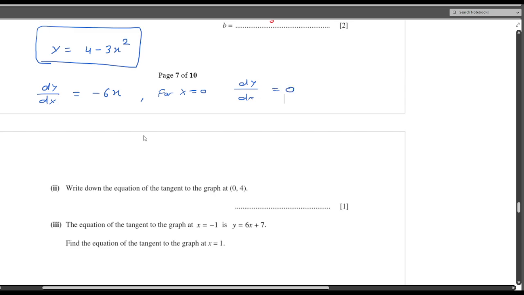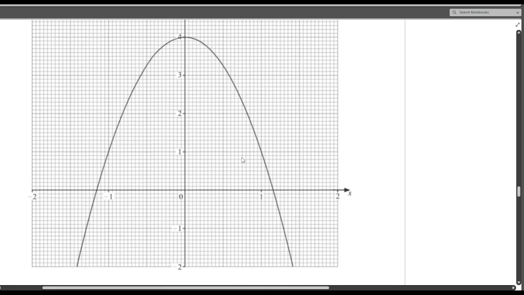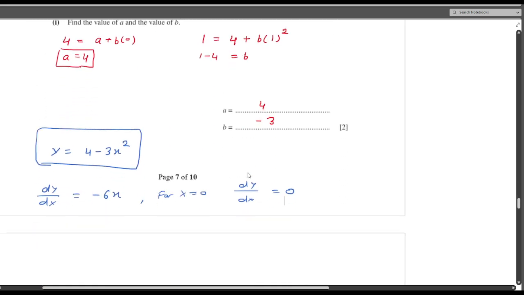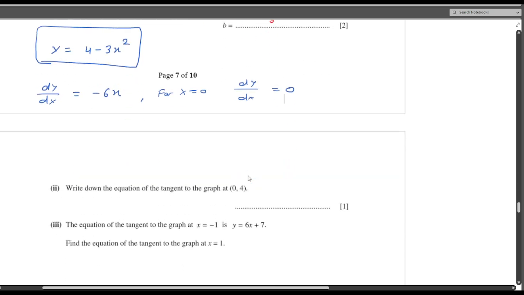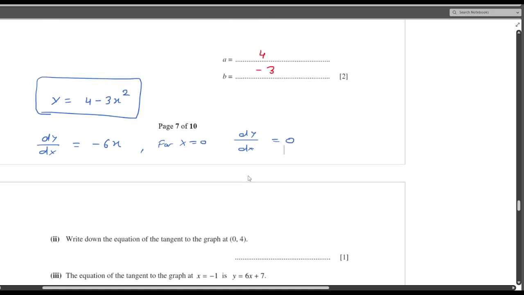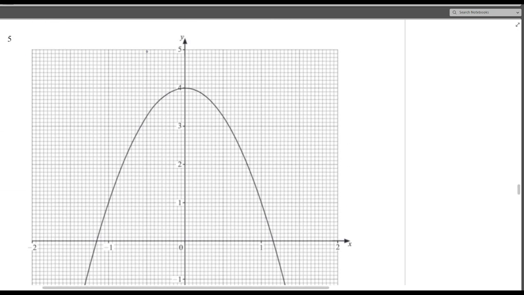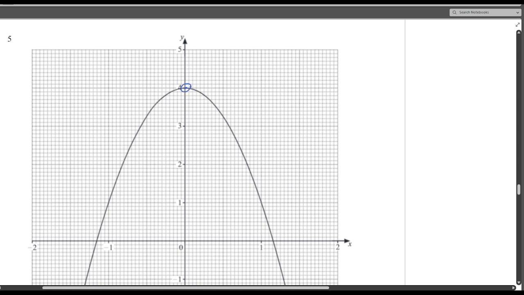Now let us see this on the graph. The question is, write down the equation of the tangent to the graph at 0, 4. So 0, 4 is this point. At this point, if I draw the tangent, it is going to be a straight line like this, and from here also you can say that its gradient, its slope, is 0.